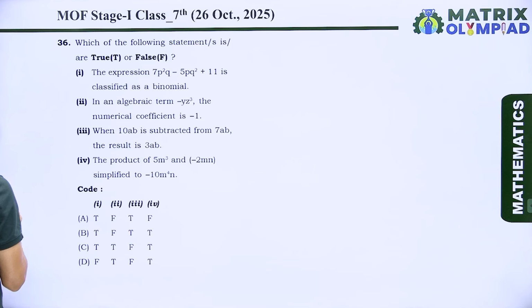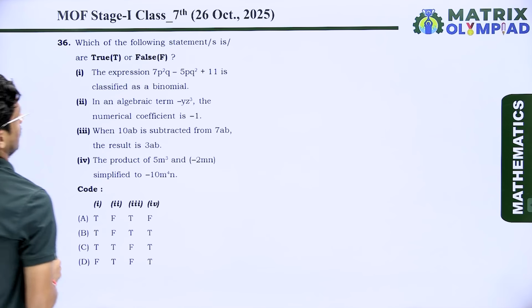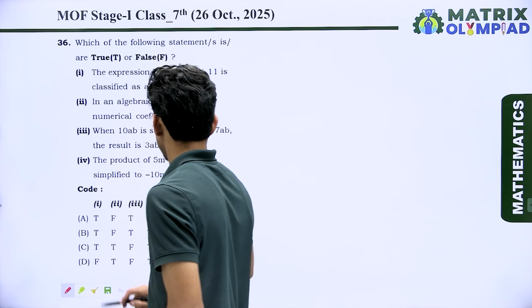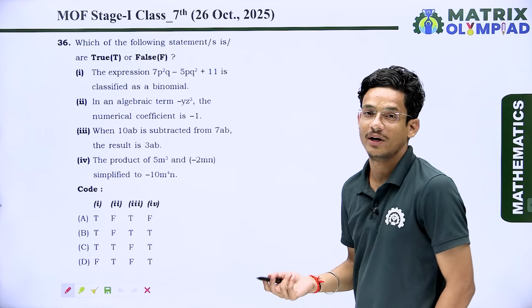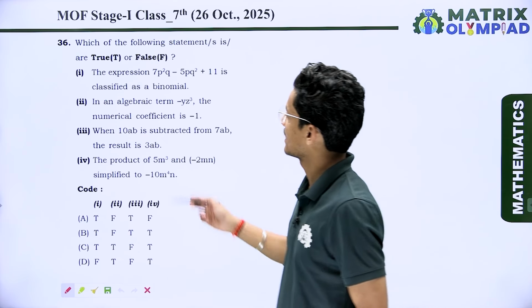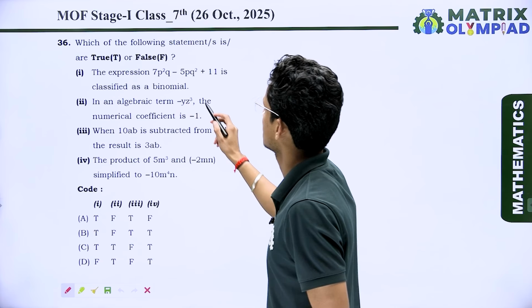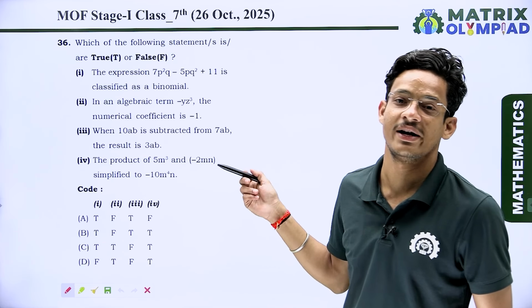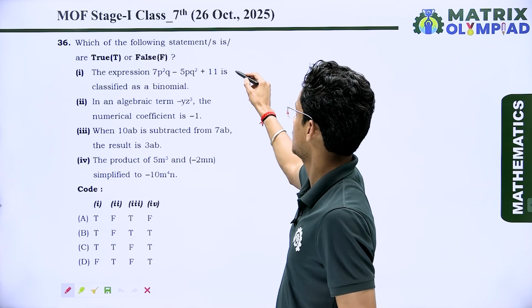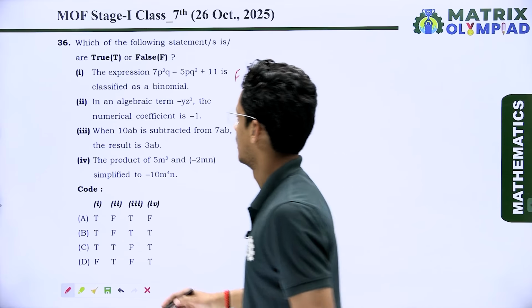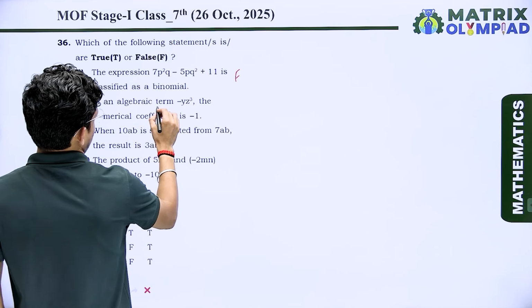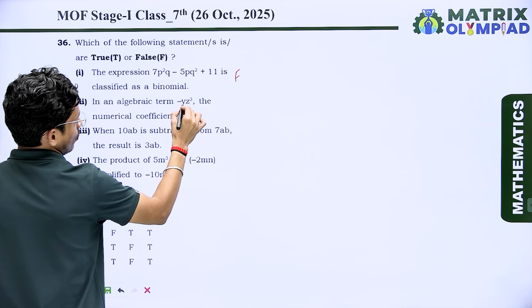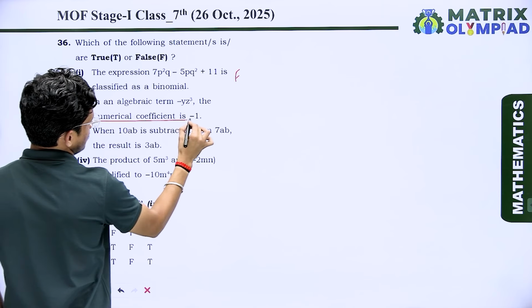Now the next question: which of the following statements is true and which is false. Statement number 1: the expression 7p square q minus 5pq square plus 11 is classified as a binomial. No, this is classified as a trinomial, so this statement is false. Second, in the algebraic term minus yz cube, the numerical coefficient is minus 1.